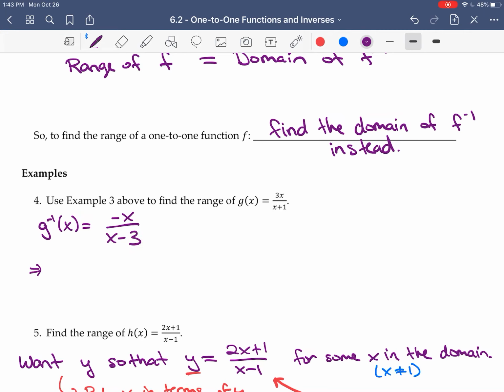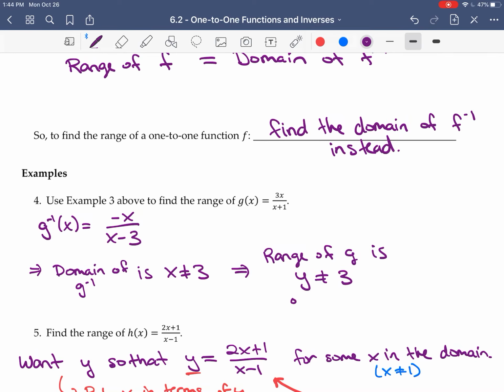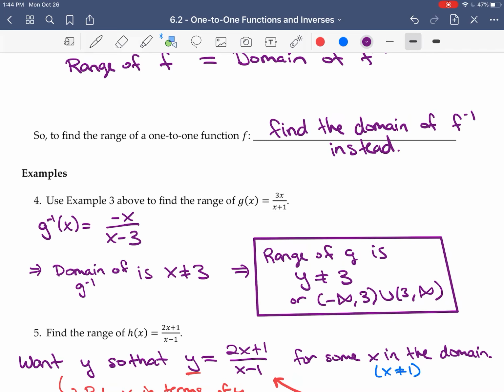So that means that the domain of g inverse is x not equal to 3, which means that the range of g is going to be y not equal to 3. Or in interval notation, negative infinity to 3, and then 3 to infinity for y. So because we already found the inverse, it's much easier to find the range here by finding the domain of the inverse.